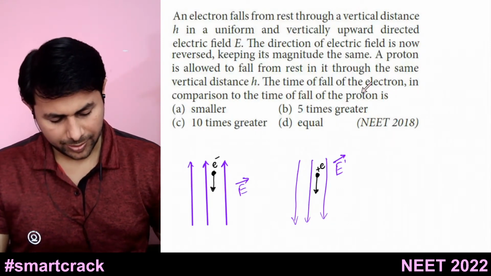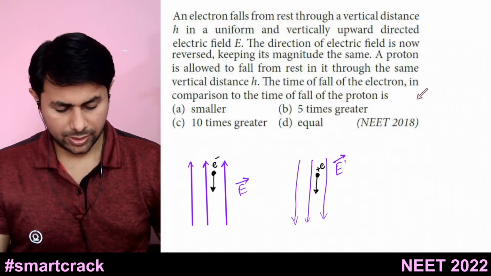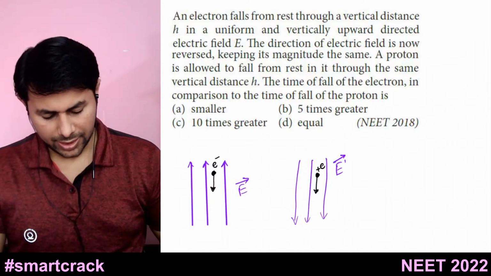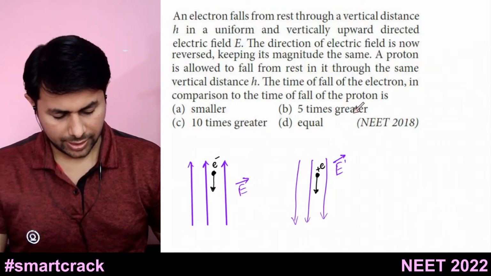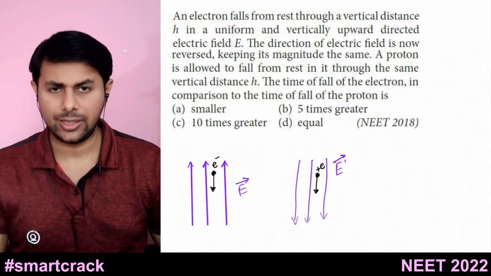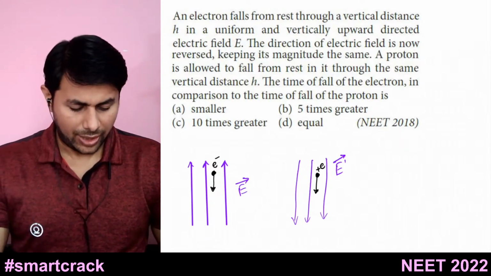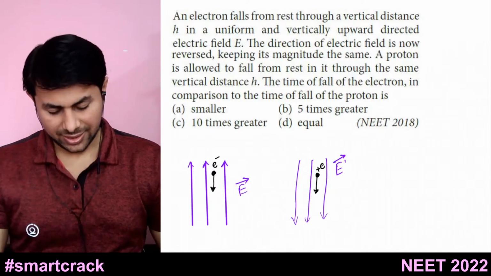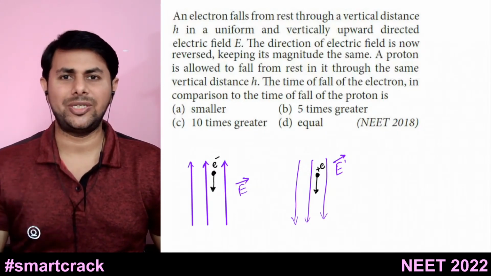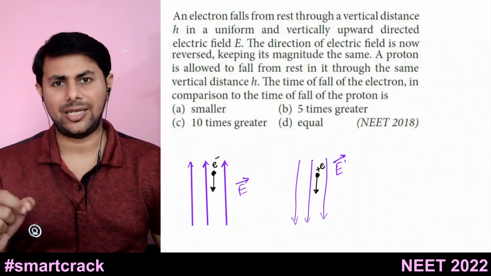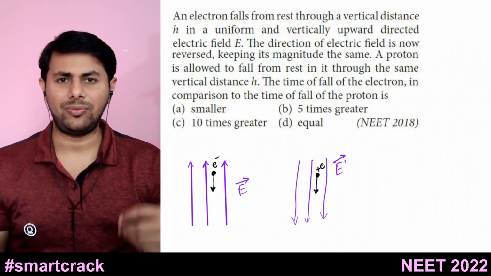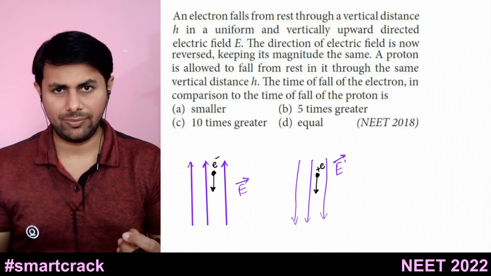The time of fall of electron in comparison to the time of fall of the proton is: options are smaller, larger, 5 times larger, 10 times larger, equal. Actually, even without solving this, we can say that time for electron should be much smaller because its mass is very small, so its acceleration will be much more compared to that of proton because they have the same charge on them.